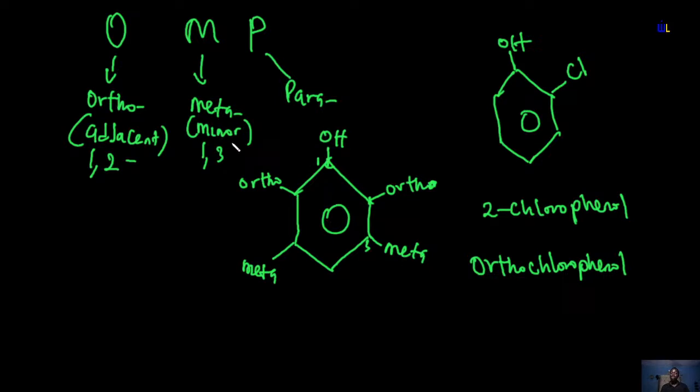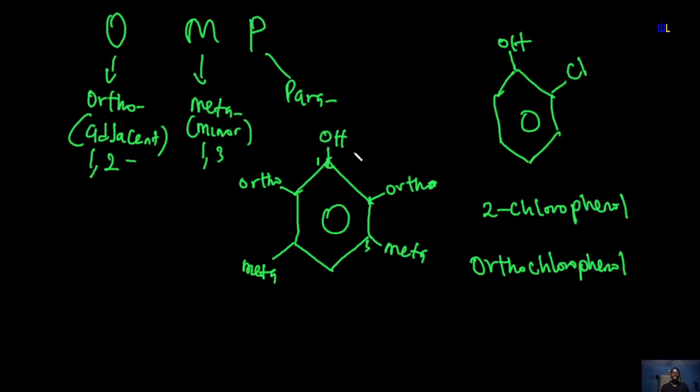And I said that the meta is usually a minor, which means most of the compounds you are going to have, instead of having 1, 3, you would either have 1, 2 or 1, 4. Meta states rarely occur. That is to say, where you have a 1, 3 arrangement. So just have that in mind. So it's after the adjacent carbon you have the meta, and as I said, it is a minor group.